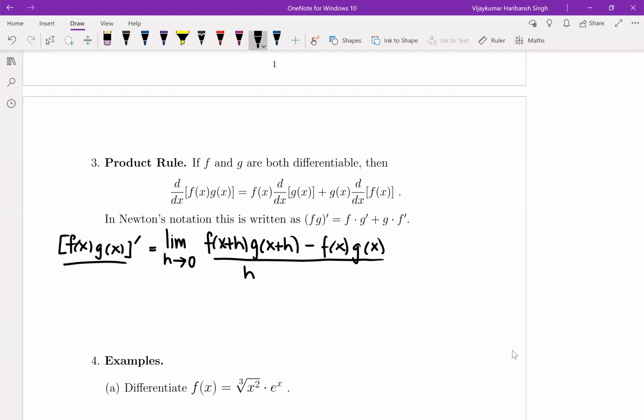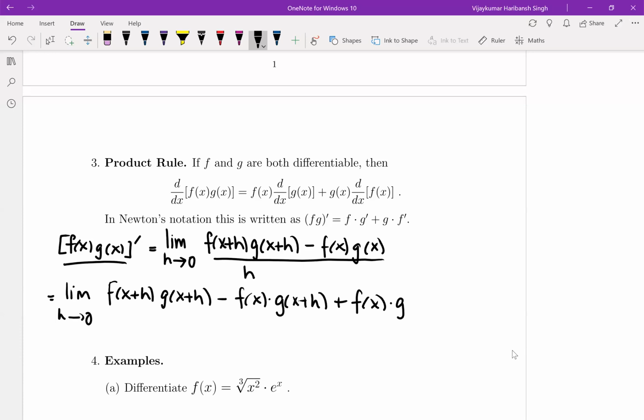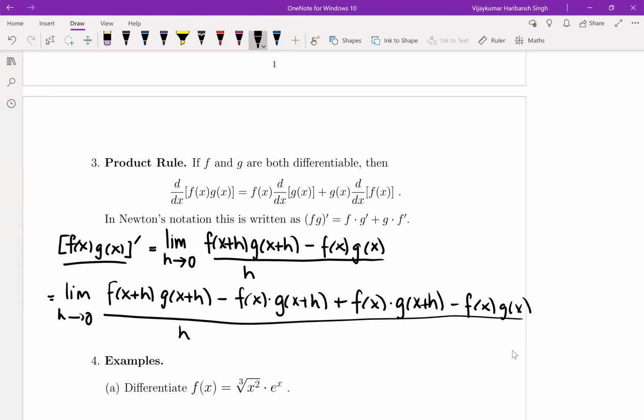So what we'll do is the following. I will try to convert this: let's add and subtract f(x) times g(x+h), so f(x) times g(x+h) minus f(x)g(x), and divide the whole thing by h.